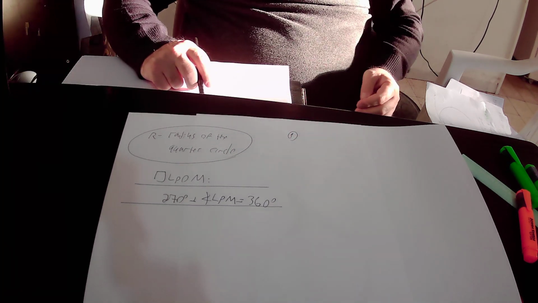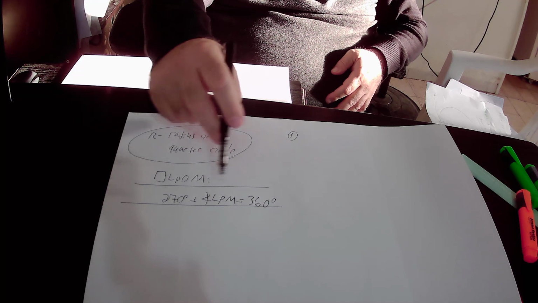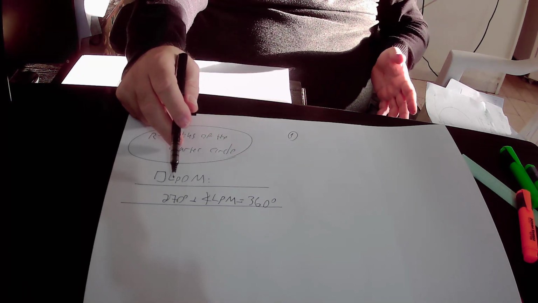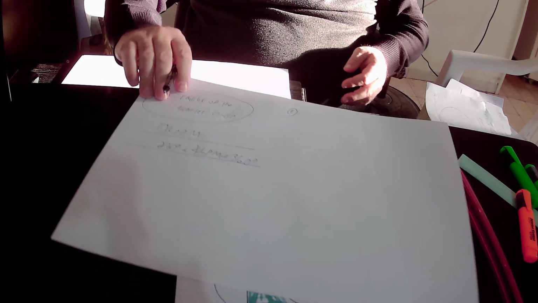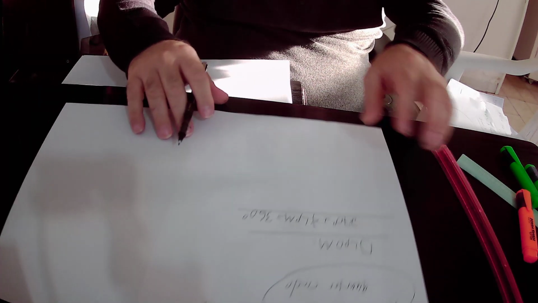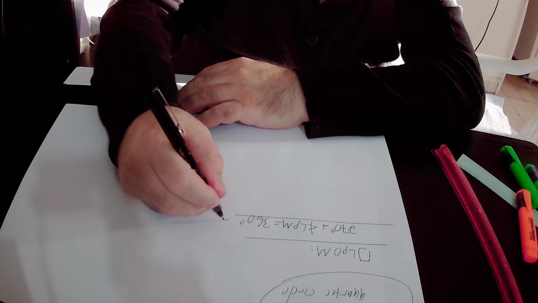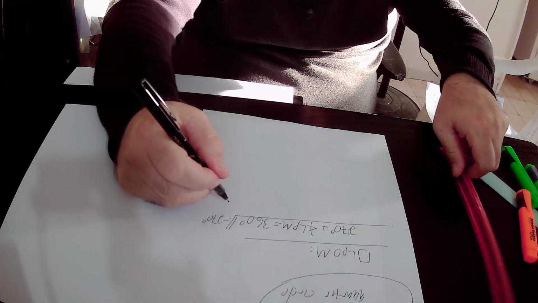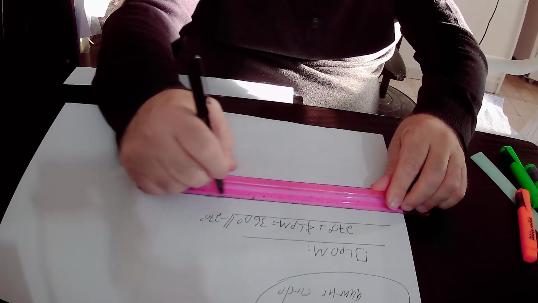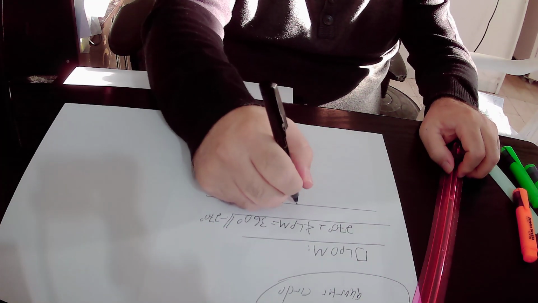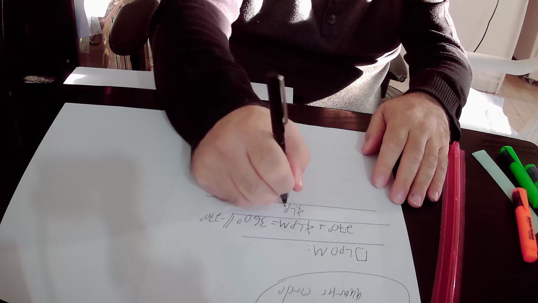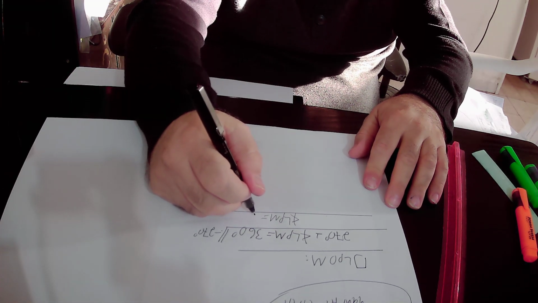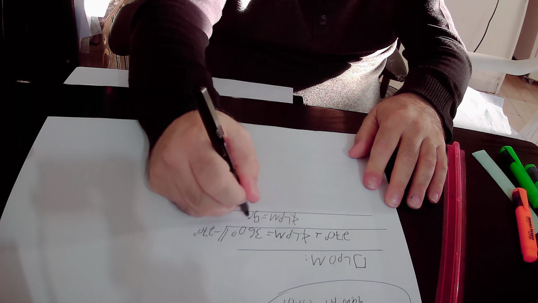Here we subtract 270 degrees from this equation, and we get that the missing angle LPM is equal to 360 degrees minus 270 degrees, which is 90 degrees.